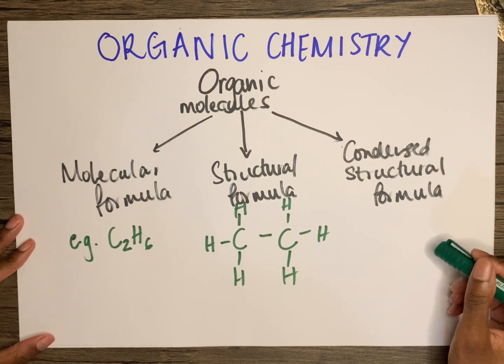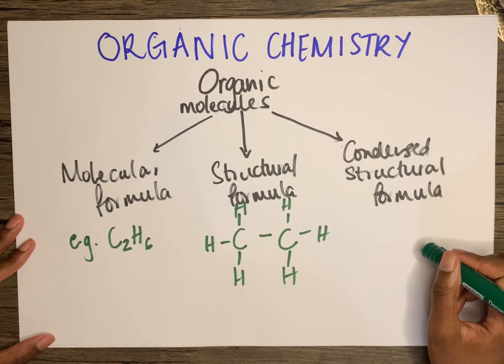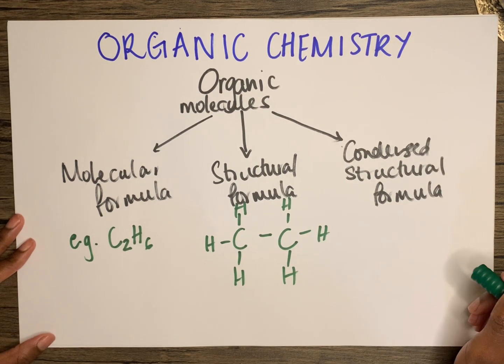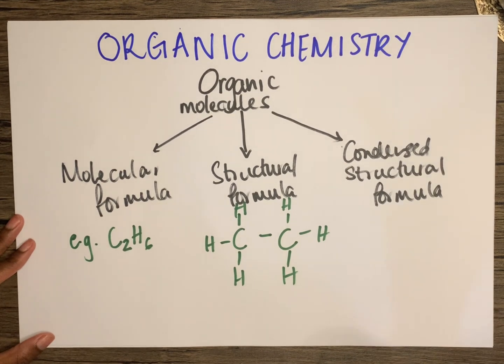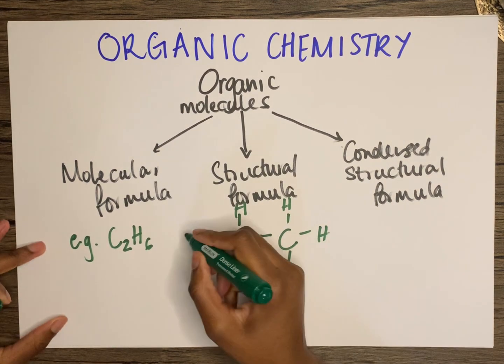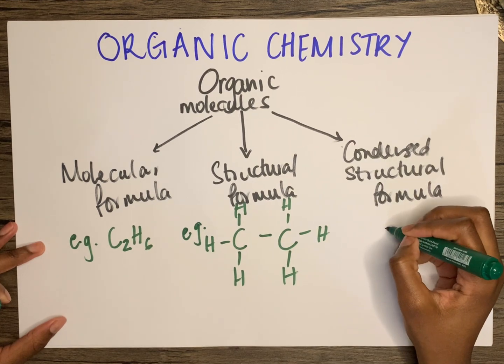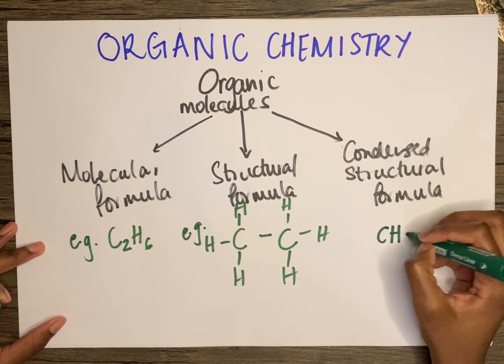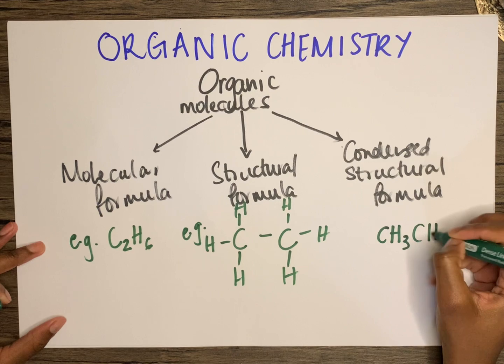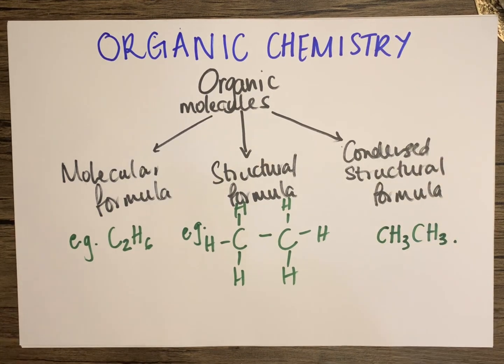We can also have what we call a condensed structural formula. This one doesn't show all the bonds, but rather shows how many hydrogens or any other substituents are bonded to each carbon, right? So I can have a condensed structural formula for the same molecule. It will be CH3CH3, right?